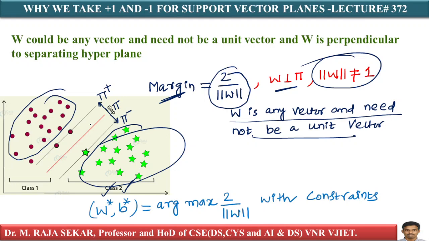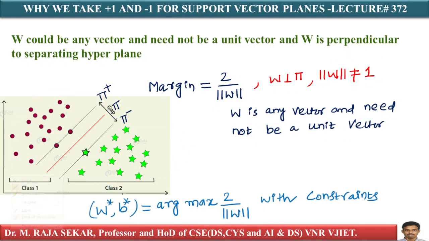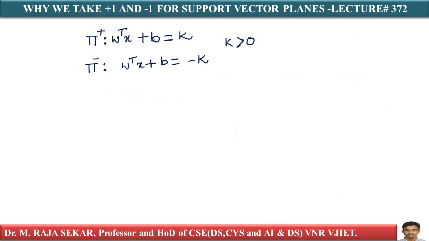That's the constraint, isn't it? Here the objective function is maximizing the gap, maximizing the margin. The constraint is all positive points are above pi plus, all negative points are below pi minus. Now we will try to understand this with two different perspectives or two different interpretations.